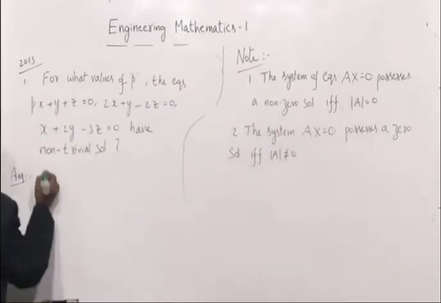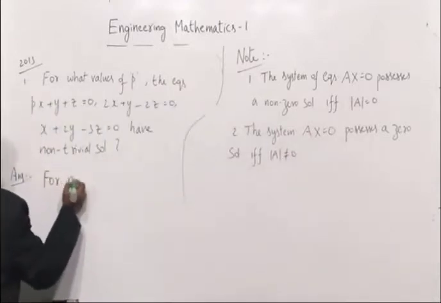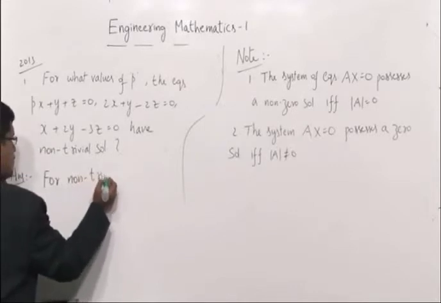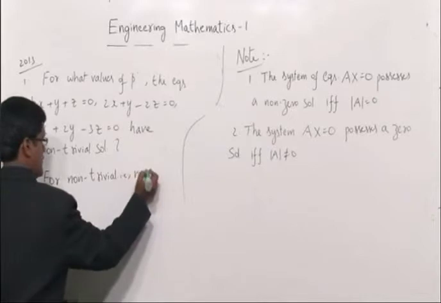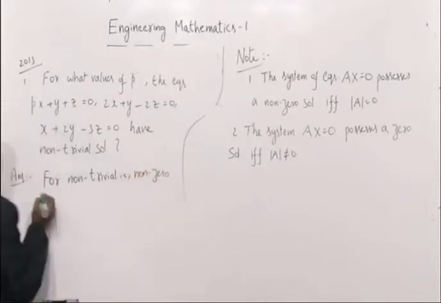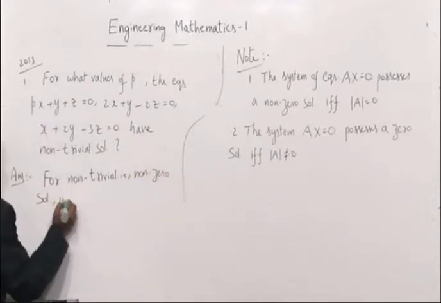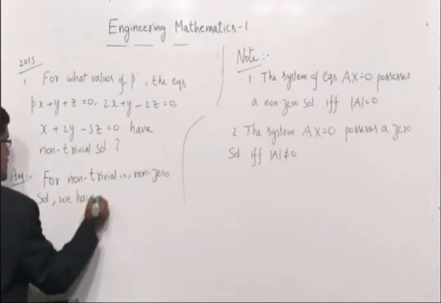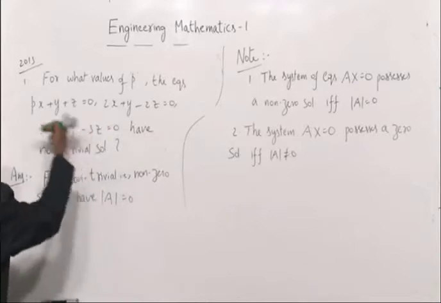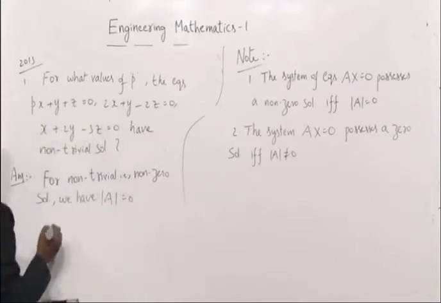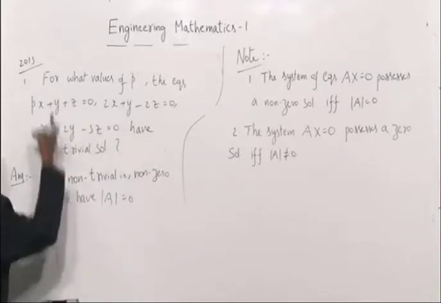What is the procedure I have given? Determinant A equal to 0. For non-trivial, that is non-zero solution, we have determinant A is equal to 0. Already the equations are in standard form. All unknowns belong to the left side, zeros belong to the right side.